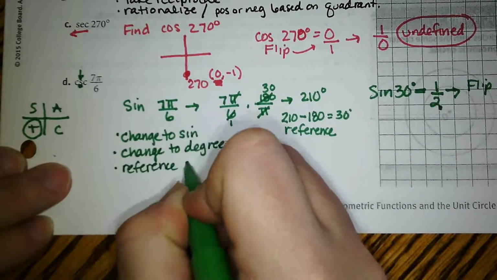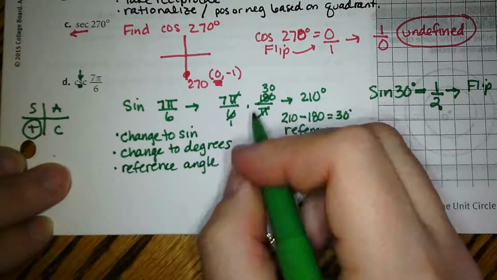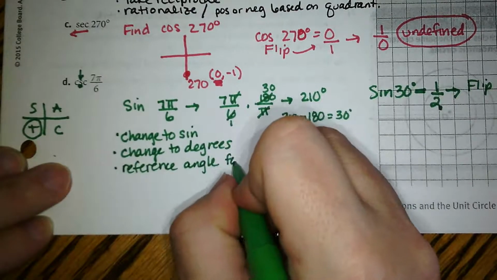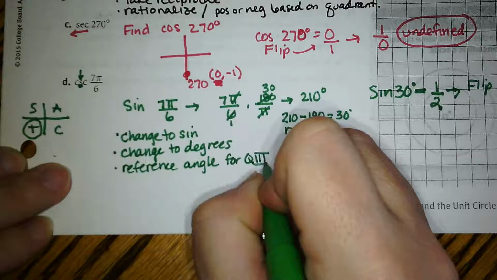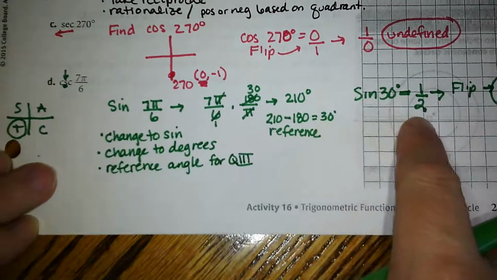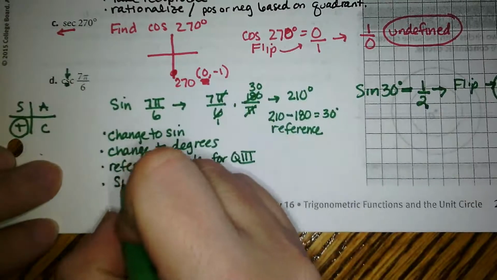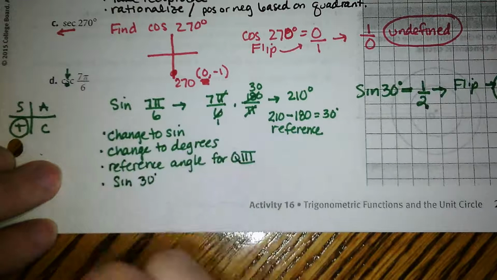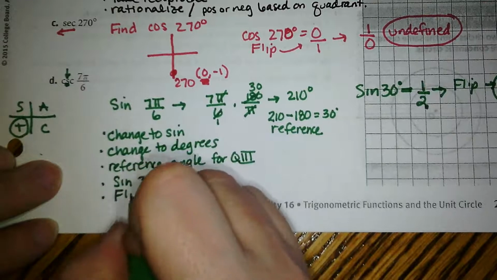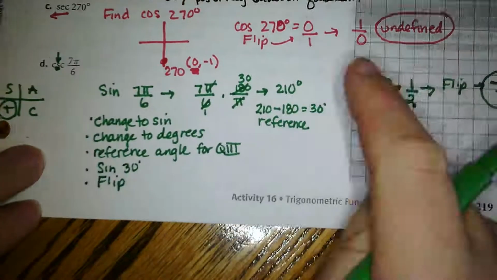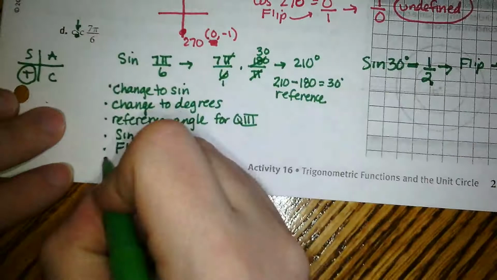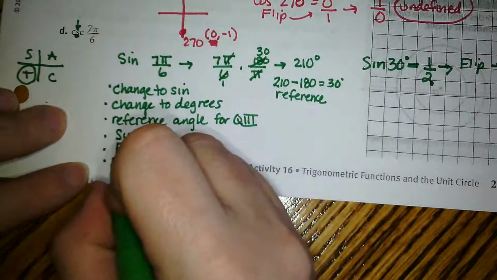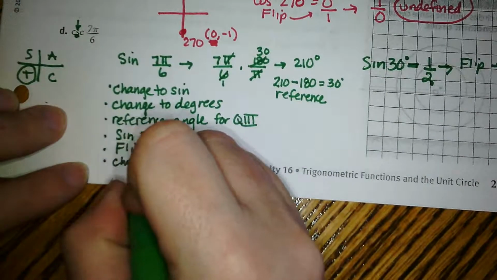Your reference angle was for quadrant 3. After you found your reference angle, you did the sine of that value. Then you flipped it because you had to take the reciprocal of it. And after you flip it, then you realize that quadrant 3, you got to check for positive or negative based on the quadrant.